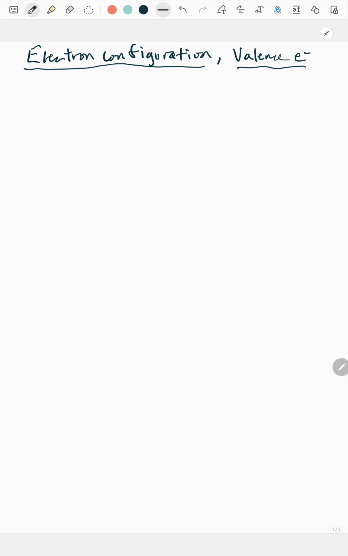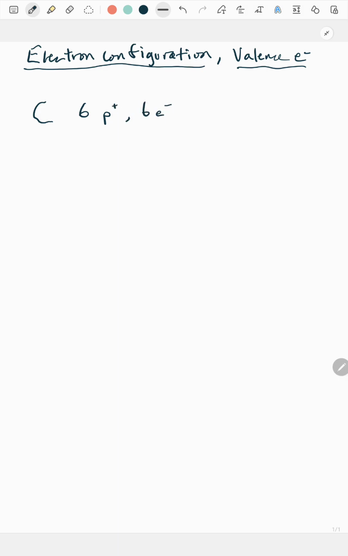I'm going to pick up looking at electron configuration from where we were on Friday, with carbon. To remind ourselves, carbon has 6 protons, so it must have 6 electrons.